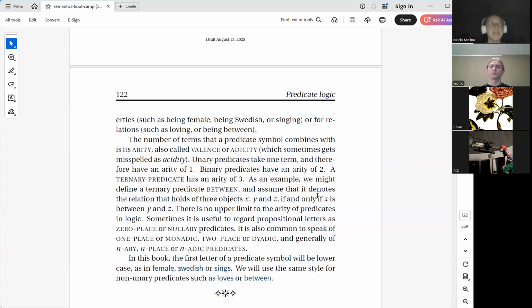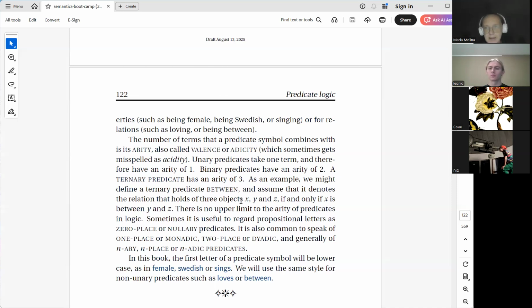A property is something that defines X in some way, and a relation is when X is somehow related to some other Y. I'm just repeating myself to make it clear: predicates stand for both, either property or relation.